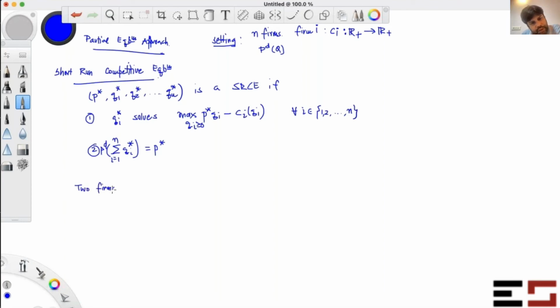Of course, we are assuming firms are competitive. It's not a duopoly model; it's a competitive firm situation. The cost function of firm 1 is C1(Q1) equal to 4Q1, and the cost function of firm 2 is C2(Q2) equal to Q2 squared by 2.